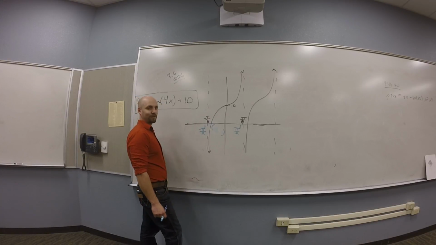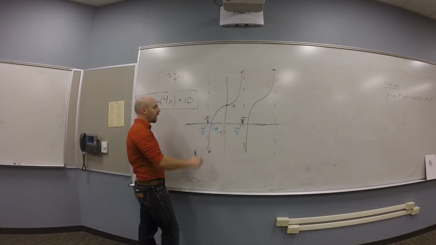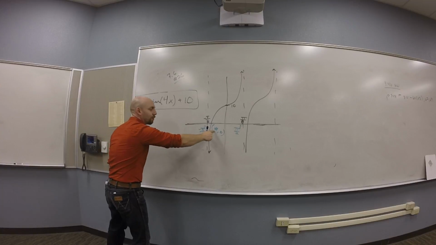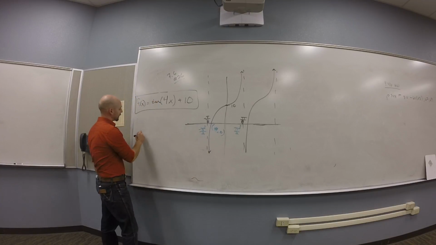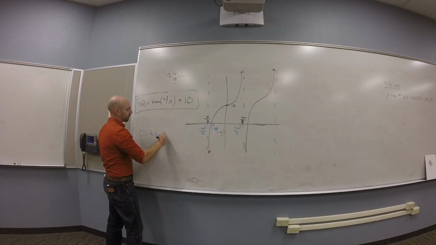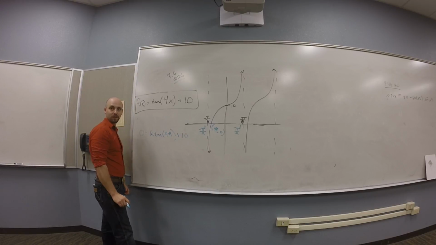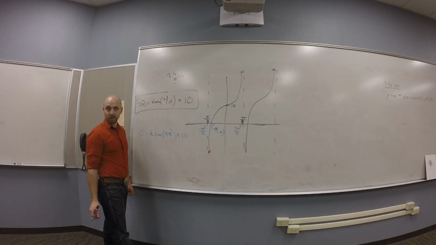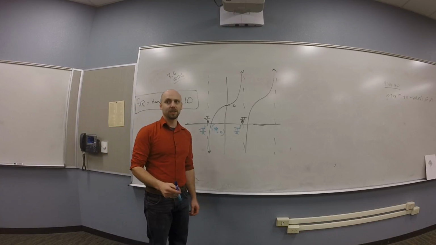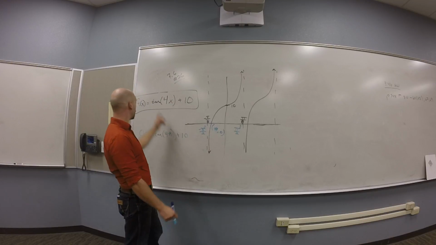It'd be whatever number they gave me, and then 0 out. So I could set 0 equal to some constant K times tangent of 4 times my number, plus 10, and then solve for K. But because they didn't tell me an exact value there, I'm just going to go with this and it'll be close enough.